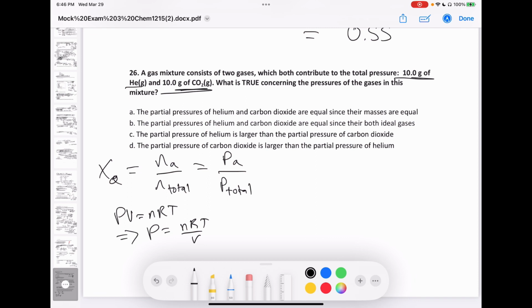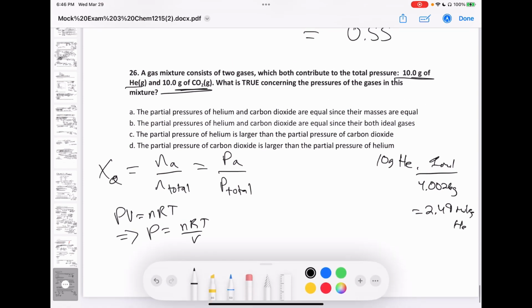So let's convert this 10 grams of helium to moles of helium. We divide by the mole mass, which is 4.0026 grams per 1 mole. We get 2.49 moles of helium.